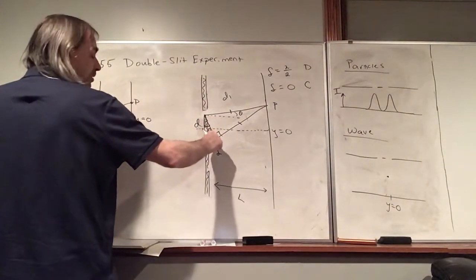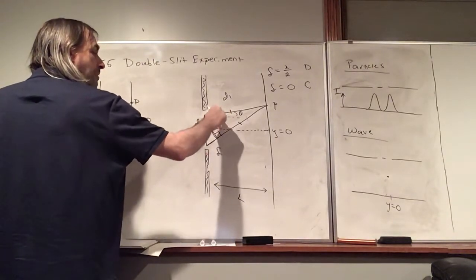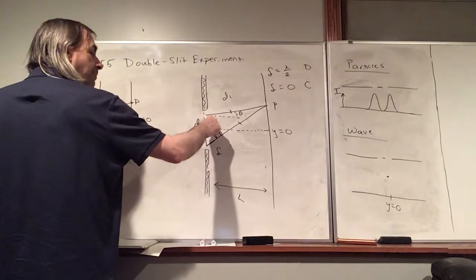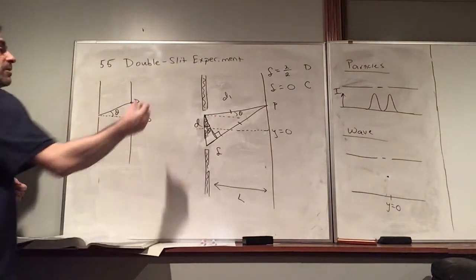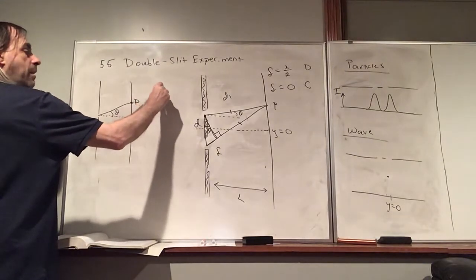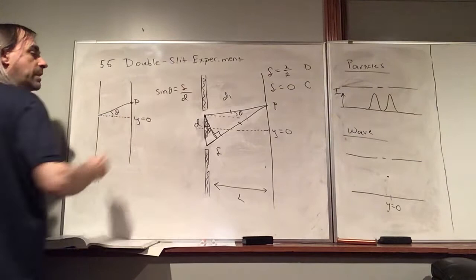If this angle is theta, that would make this one 90 minus theta. That one is theta. And we can see from this picture, sine of theta equals delta over d.